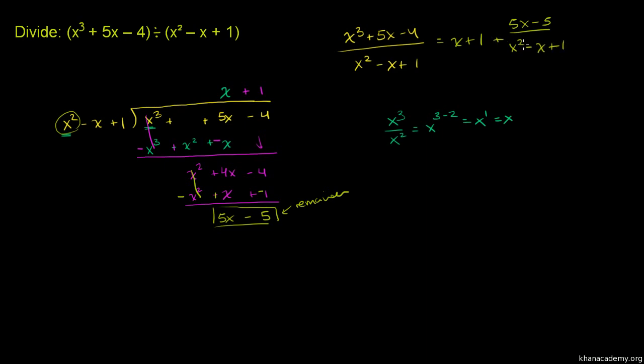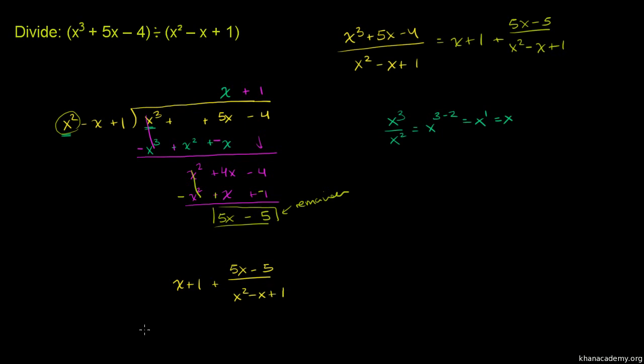If this was divisible, we could keep dividing, but we're saying it's not. It's now a lower degree than this down here. So we could say it's x plus 1 plus whatever this remainder is divided by this thing over here. So our answer, I'm going to write it one more time. It's x plus 1 plus 5x minus 5 over x squared minus x plus 1.